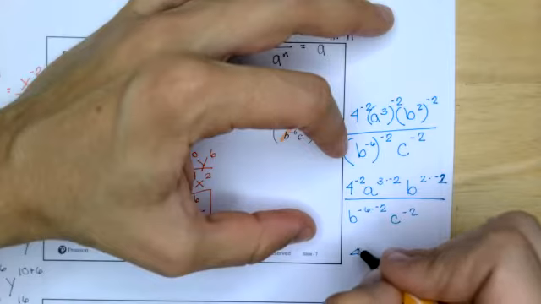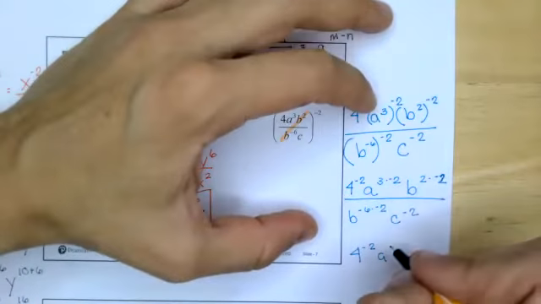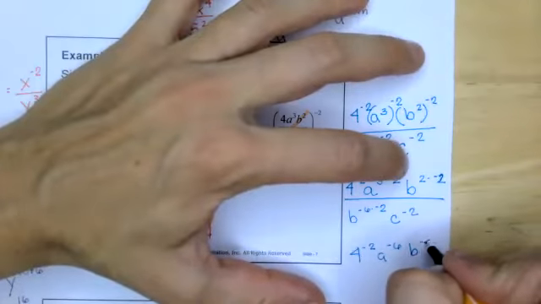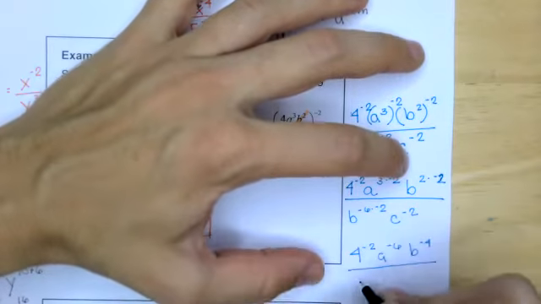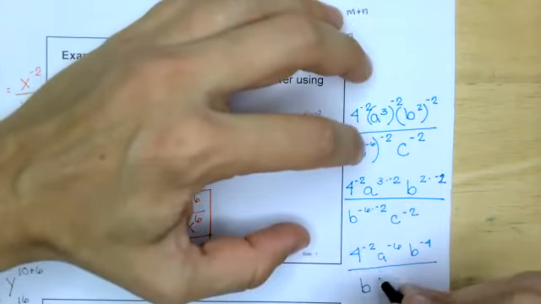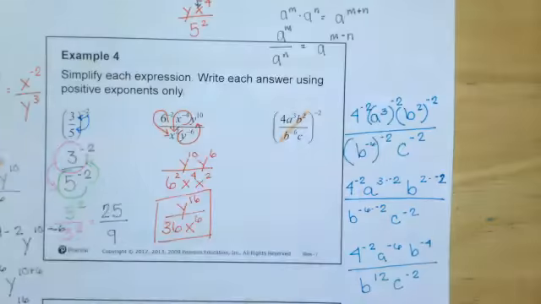So that'll still be 4 to the negative 2. A, 3 times a negative 2 is a negative 6. 2 times a negative 2 is b to the negative 4th. On the bottom, we have b to the negative 6 times negative 2 becomes a positive 12. And c is just left with a negative 2.